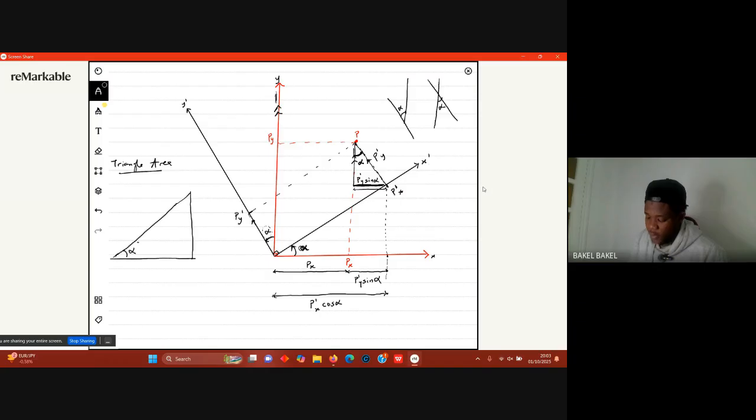We have alpha, and this point was initially marked as Px prime, and then cos, which is adjacent, here becomes P prime x cos alpha, which is this whole length at the bottom. Do you understand now?